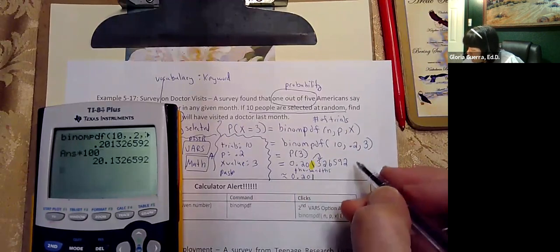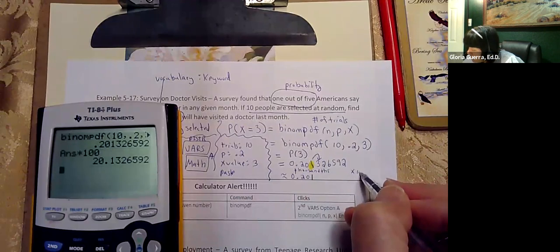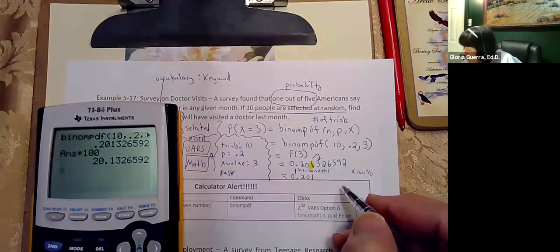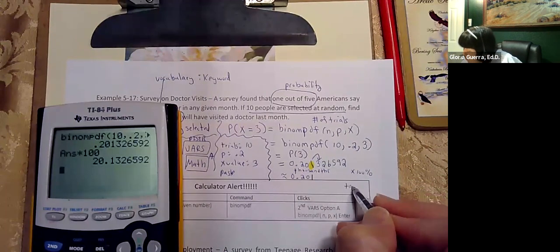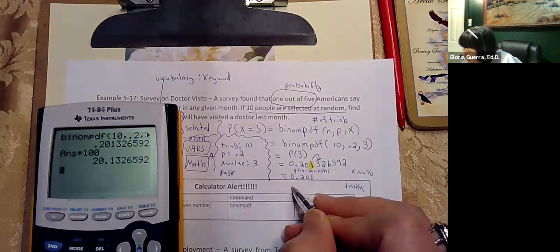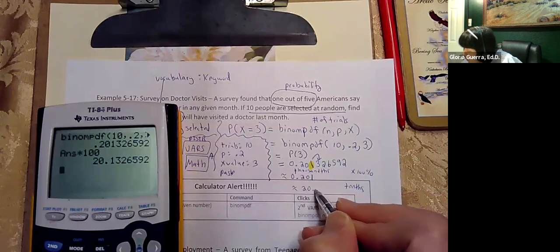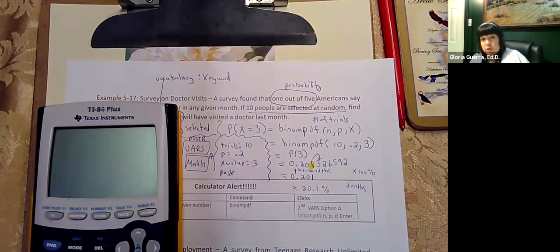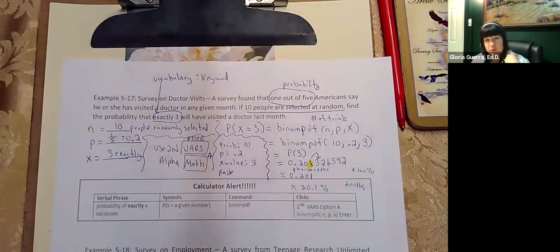And if you round that to the nearest tenth, that would give you about 20.1%. Okay. So I'm pretty sure Connect Math mostly asks you for the decimals. I don't think they have you convert it to a percentage, but in case they do, just remember this idea from the chapter 4 test, multiply by 100.